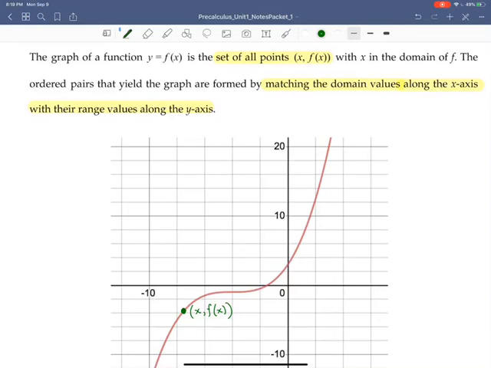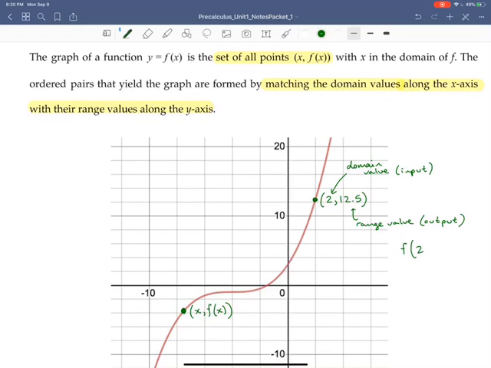Here's an example. This is the point 2, 12.5. So 2 is the domain value, or the input, and 12.5 is the range value, or output, that we get when we plug 2 into the function.